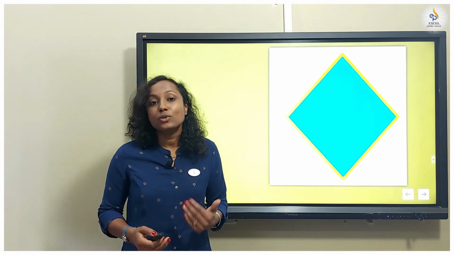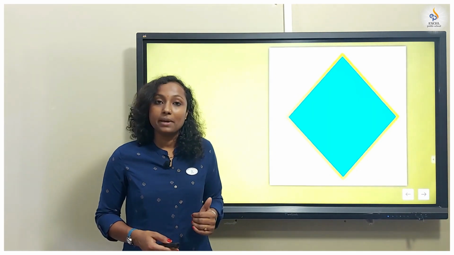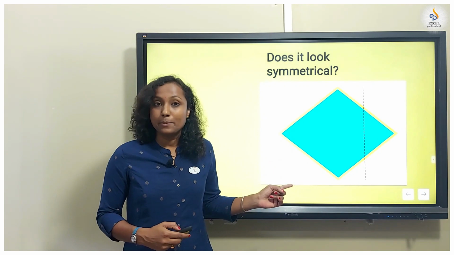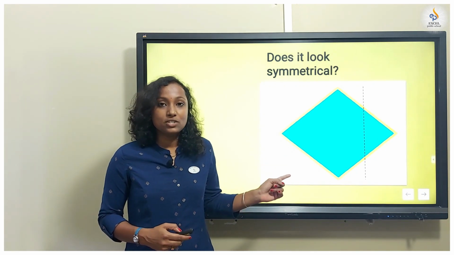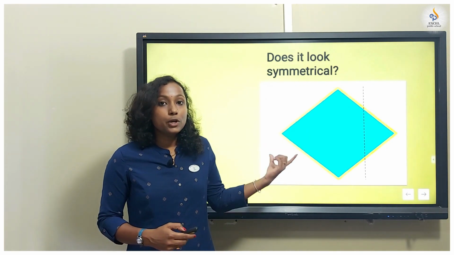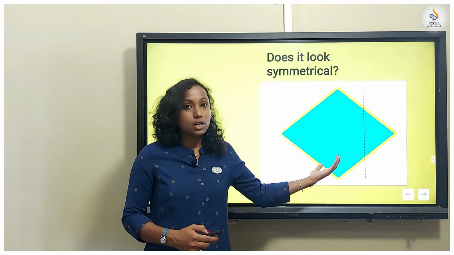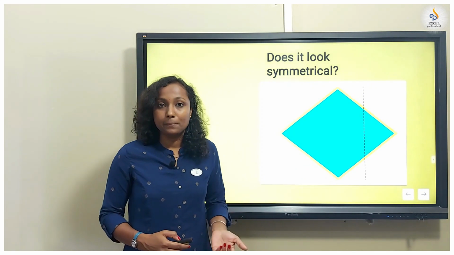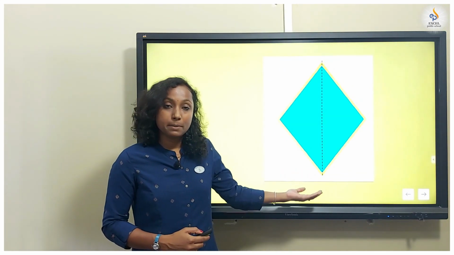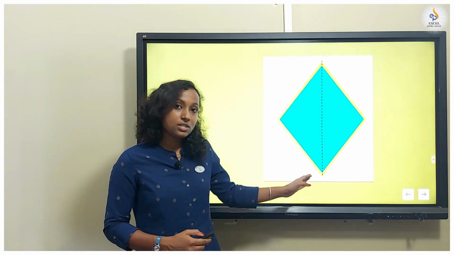Children, look at this image. Now tell me, where should I draw a line of symmetry for this image? Can I draw a line of symmetry here? Is it symmetrical? Now you can see that this part is not equal to the other part, so it is not symmetrical. Can I draw a line of symmetry here? Is it symmetrical? Yes, it is symmetrical.